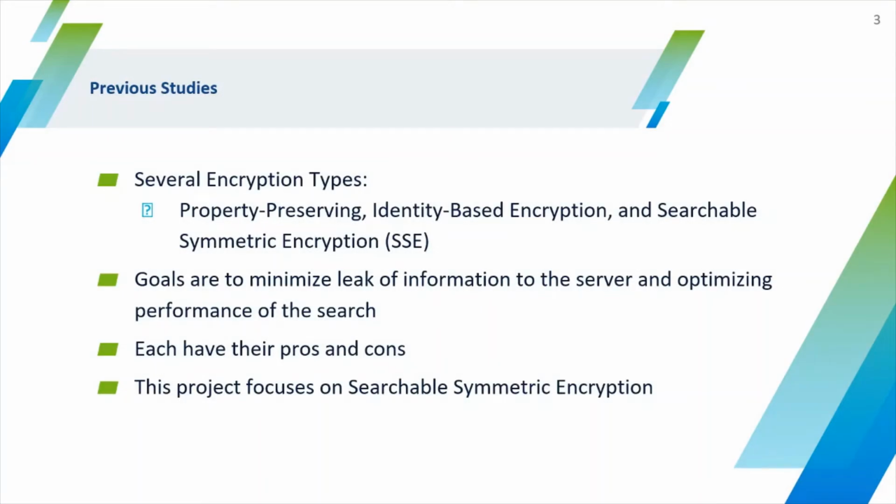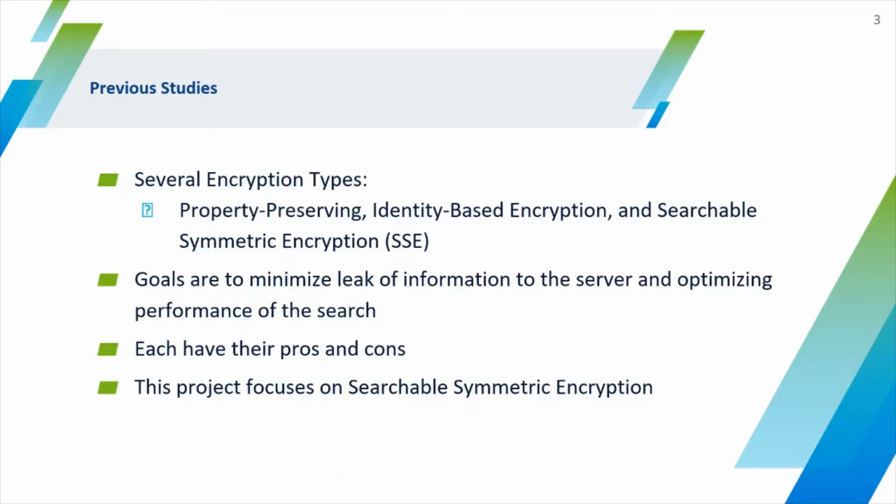So let's talk about some previous studies done to hide our information from the search engine. This can be done with some types of encryption. There are several types of encryption available, such as property preserving encryption, identity based encryption, and searchable symmetric encryption.